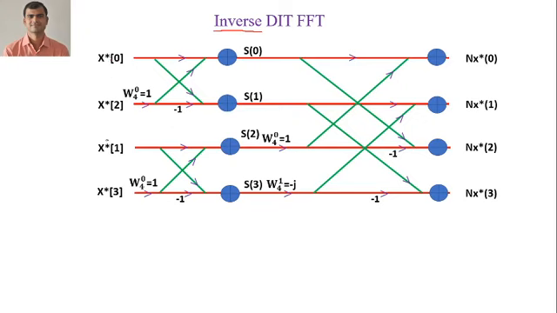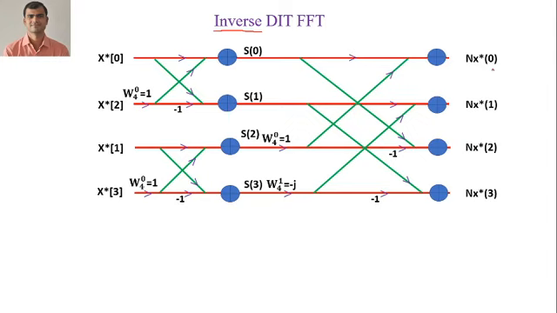So instead of only taking bit reversal order, here we also need to take the conjugate of each sample, and at the output we will get the conjugate of the discrete frequency samples.